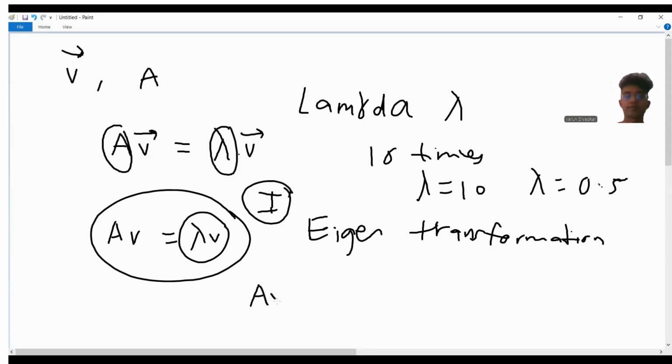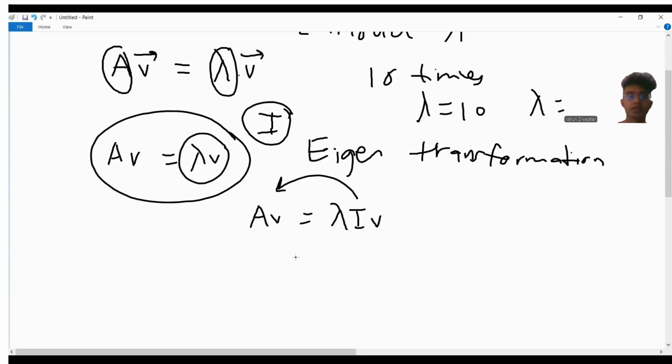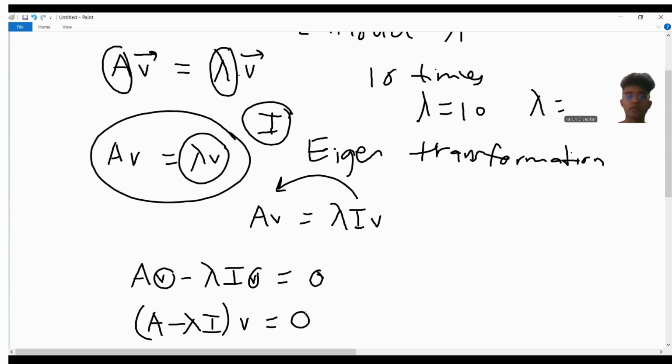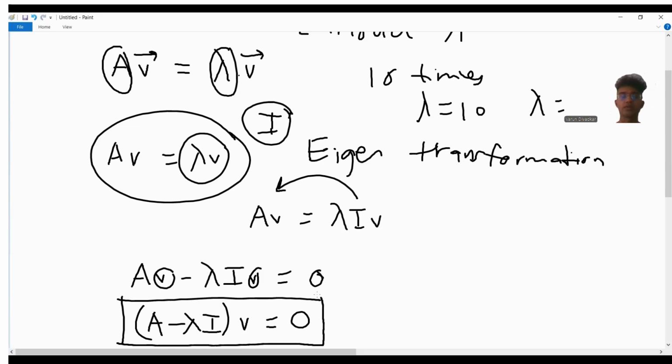So AV equals lambda I V. Now you bring this to the LHS, so this becomes AV minus lambda I V equals 0. Now if you take V as a common factor, then (A minus lambda I) into V equals 0. So this is the fundamental governing equation for finding the eigenvalues and the eigenvectors.